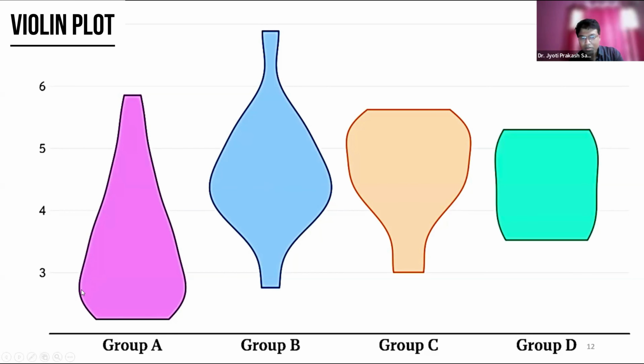For this one, group 1, most of the values lie here. This shows the distribution pattern, but not the median, nor the individual values.